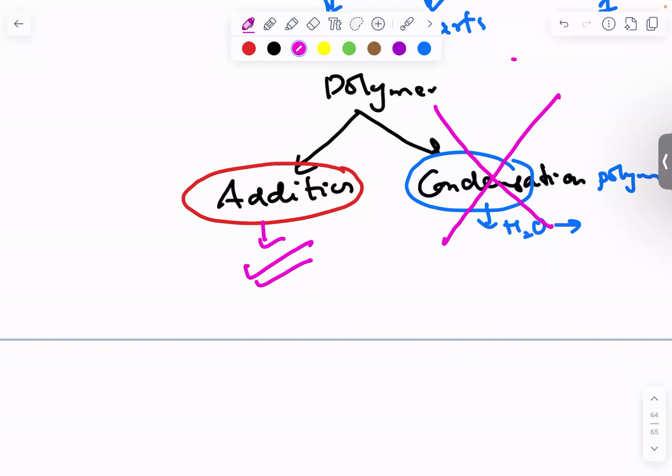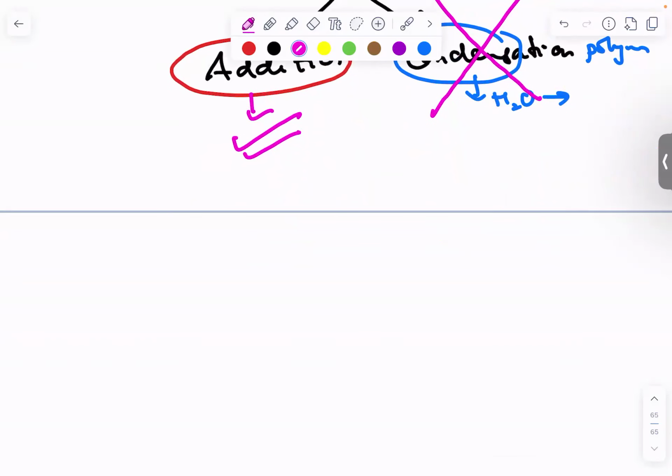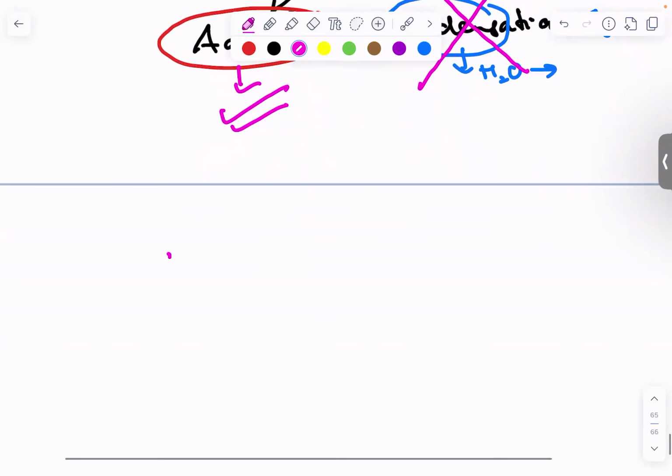As I told you earlier, in case of addition polymers, we are going to take monomers. And as we are studying it under alkenes, it means alkene is involved in it. So have a look here, beta. Addition polymers. I will take, let's suppose, three molecules of alkene.